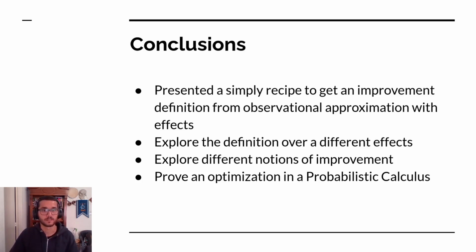We noticed that different observations lead to different notions of improvement, and we also noticed that following the recipe might not return a very expressive notion of improvement, and we also see that there are other solutions. We also proved an optimization in a probabilistic calculus.